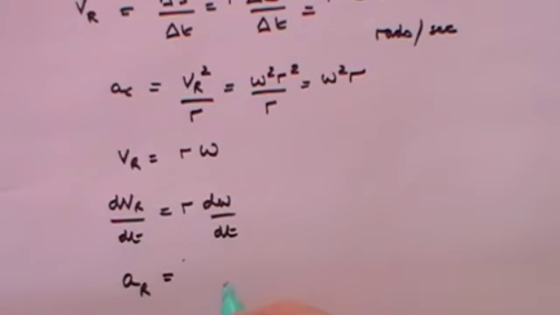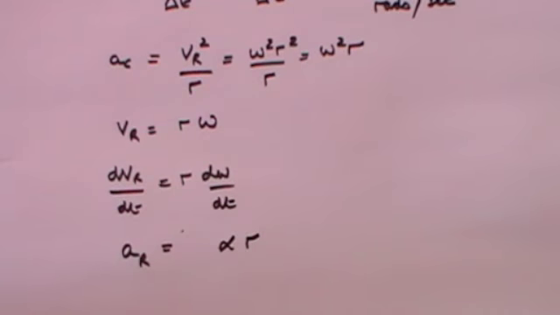And that is equal to d omega by dt, which is the angular acceleration, alpha, times r. So now we've got a link between the linear acceleration, the acceleration as you go round the circumference as the object spins faster, and the angular acceleration, which tells you the rate of change of angular velocity.